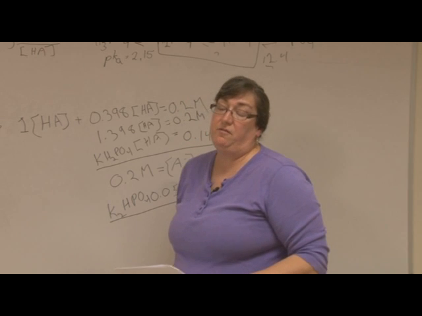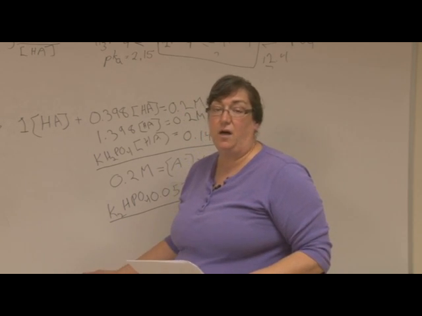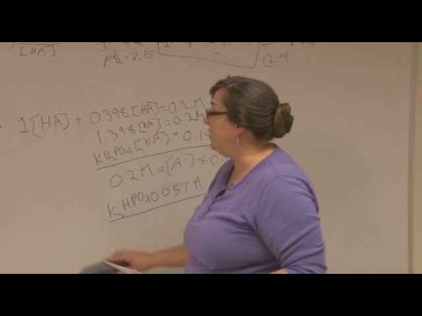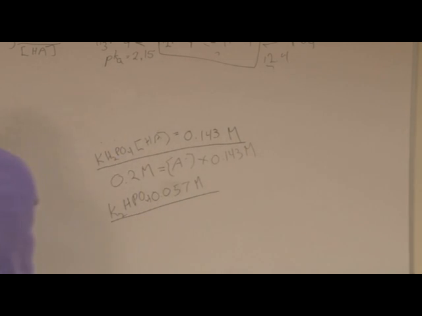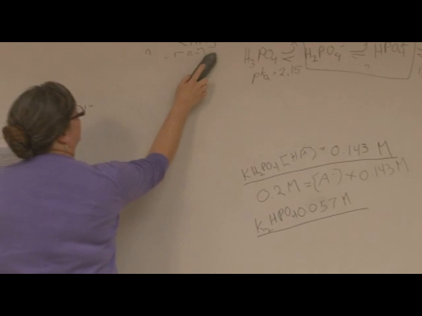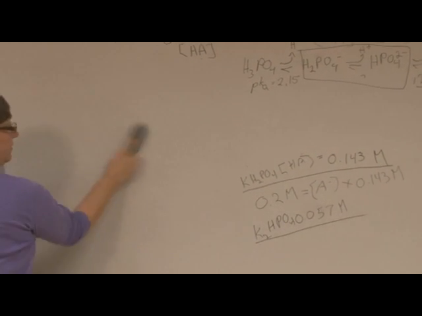Now what we have to do is figure out how much of these solids, or these crystals, we're going to put into the beaker. So I'm going to leave all of these numbers here. I'm going to get rid of my Henderson-Hasselbalch because I don't need that anymore. I figured that one out.